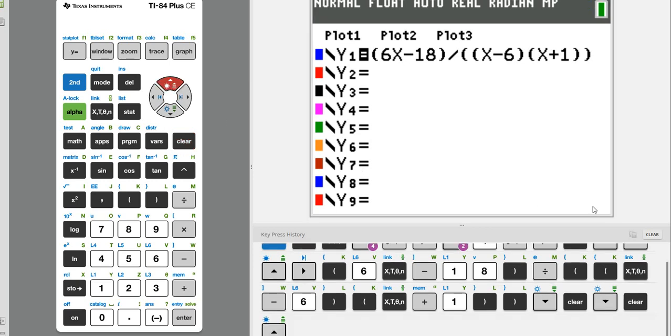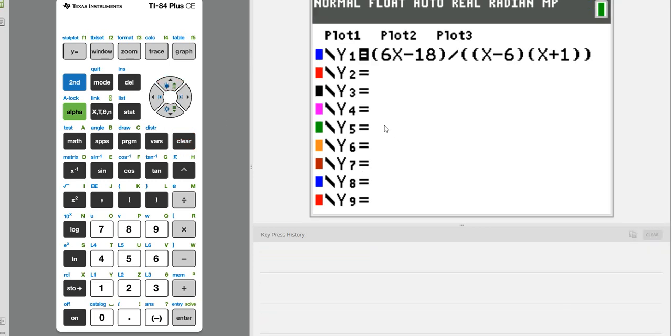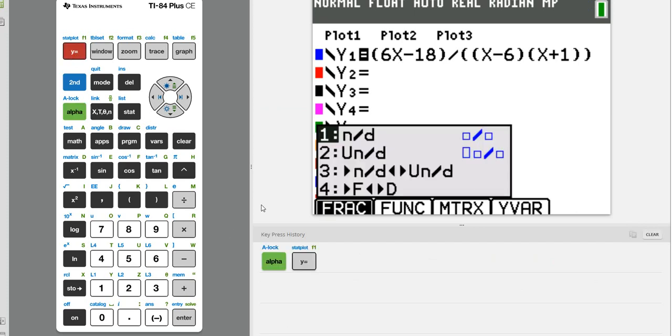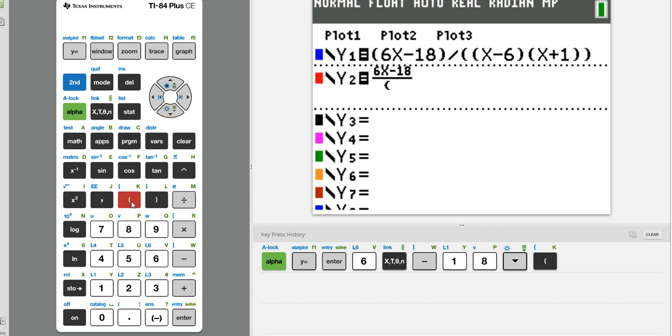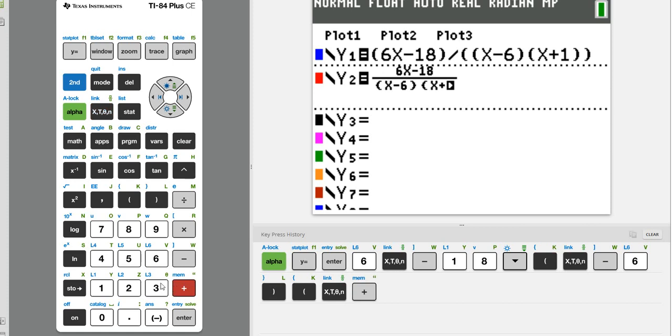Now, what's the workaround for that? That looks kind of ugly. The workaround, if you've got a more modern calculator, is to hit the alpha key, then the y equals key, and choose the first option. So alpha, y equals. Now you can enter it without all those extra parentheses: 6x minus 18, and then x minus 6, which you still need parentheses around, but you don't need a double set of parentheses in the denominator anymore.